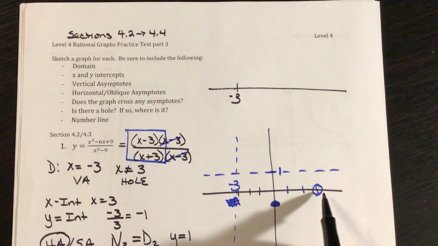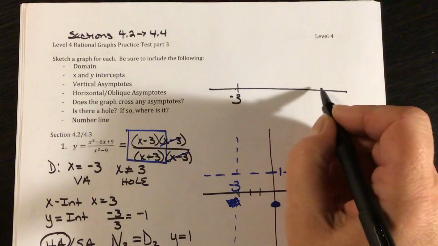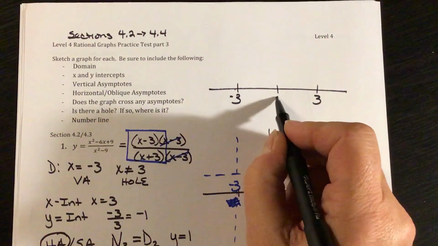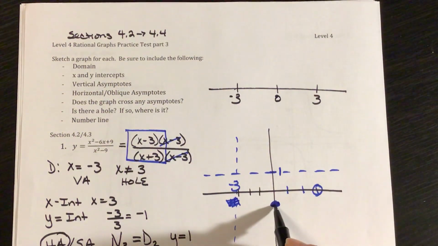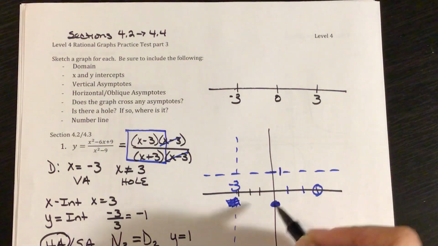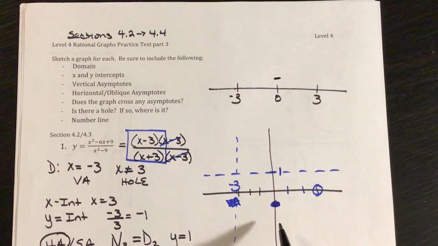And the only other thing that happens on x is I have a 0 at positive 3. And let's just look at 0. I know 0 is going to be a negative because I have 0, negative 1. But let's look at just what's happening around here.